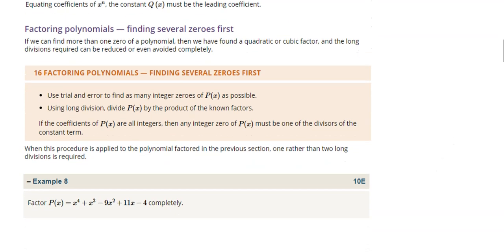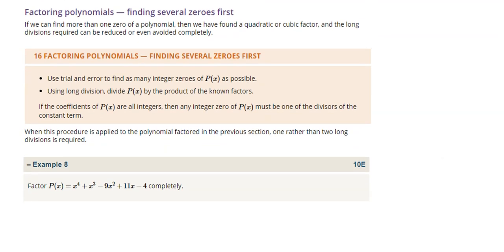Okay. Factoring polynomials, finding several zeros first. If we can find more than one zero of a polynomial, then we found a quadratic or cubic factor, and the long divisions required can be reduced or even avoided completely by testing with zeros that are factors of the constant.